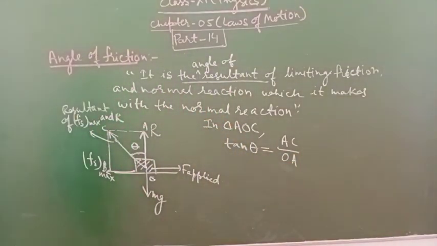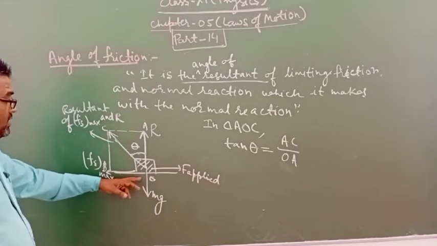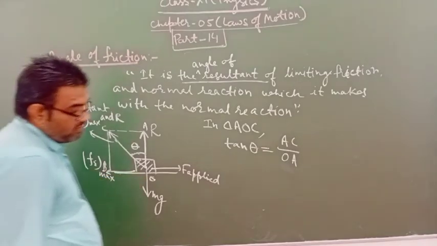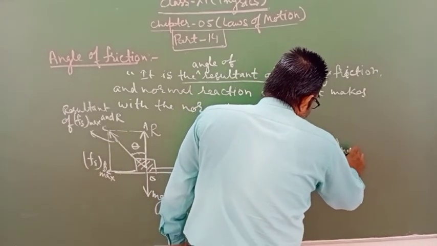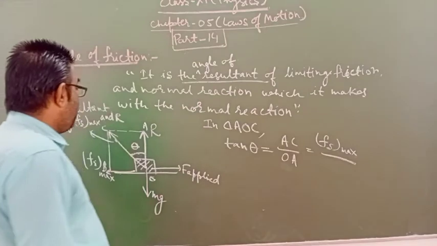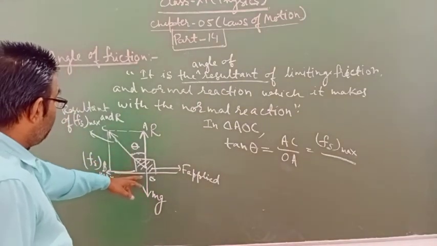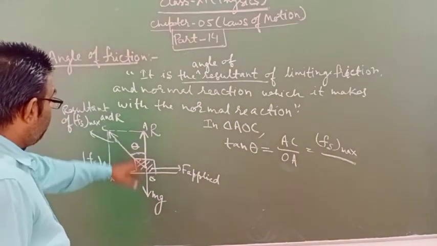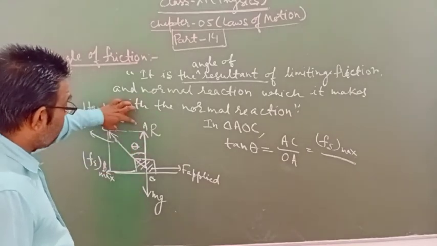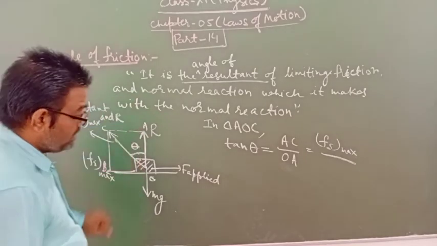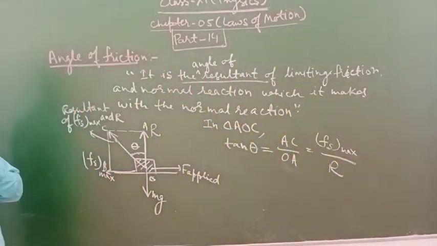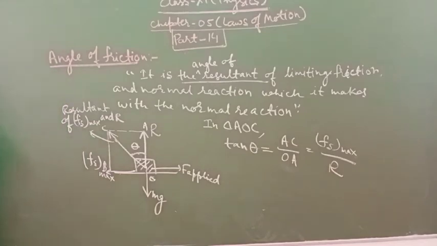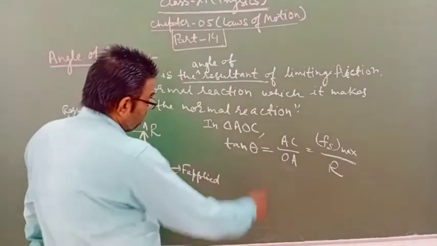The value of AC is equal to Fs max, and OA, by parallel shifting of the vector, is the normal reaction R. So tan theta is equal to Fs max upon R.